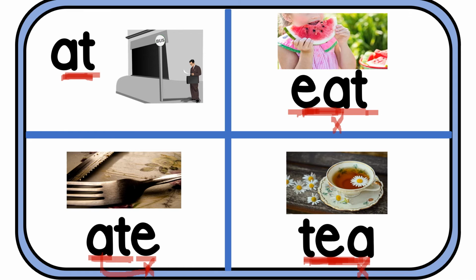And the next sound is e. The e at the end is silent. T, e, t. If you often confuse the word tea with eat or ate, look at the beginning sound. And the same for the others. Look at their beginning sounds.